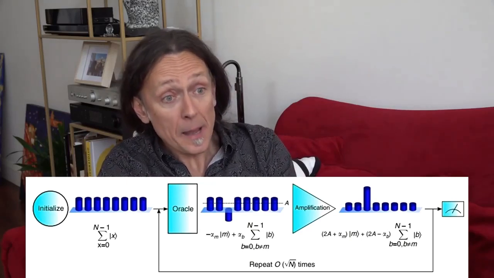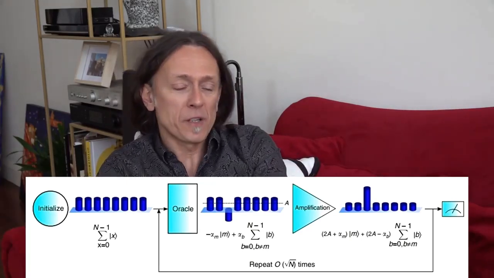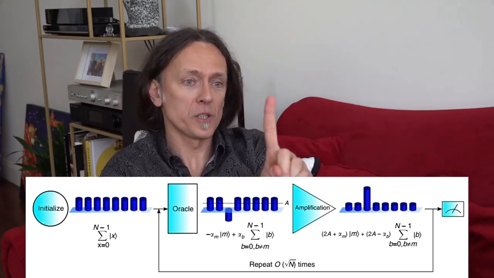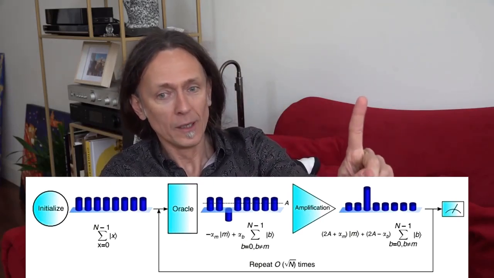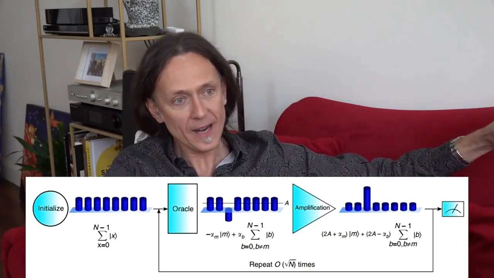At the beginning, all the entries are equally probable, and at every step the other ones shrink and the one you're looking for pops out. After about 1,000 steps on a million-entry phone book, you will have essentially all of the probability concentrated in the one item you're looking for, and nearly zero on everything else. Now you do a quantum measurement of your register, and with very high probability you'll find it's in there. Does the number ever reach 100% probability?